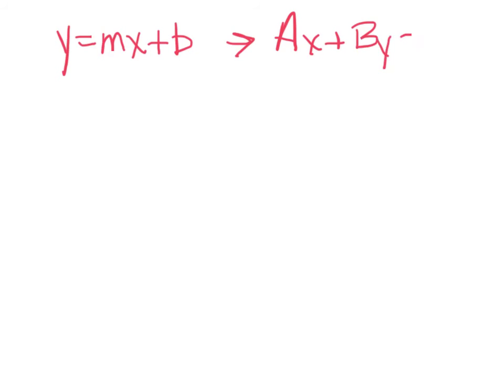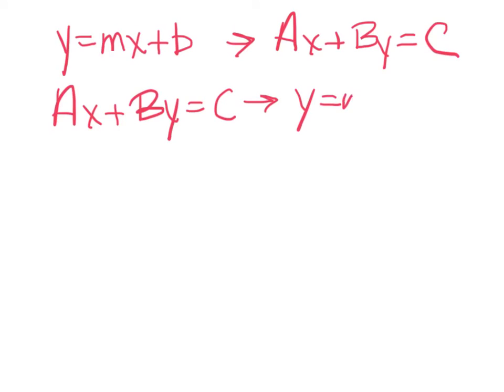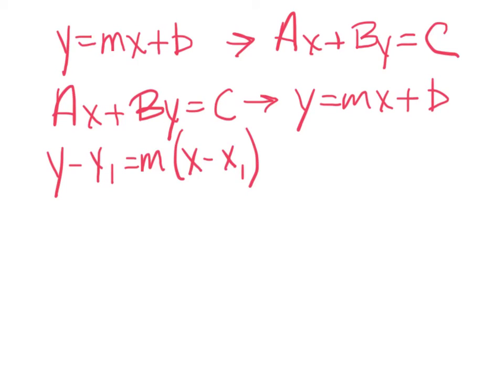For your test on Friday, you must know how to go from y equals mx plus b to ax plus by equals c. You must know how to go from ax plus by equals c to y equals mx plus b. You must know how to go from y minus y1 equals m times the quantity x minus x1 to y equals mx plus b.